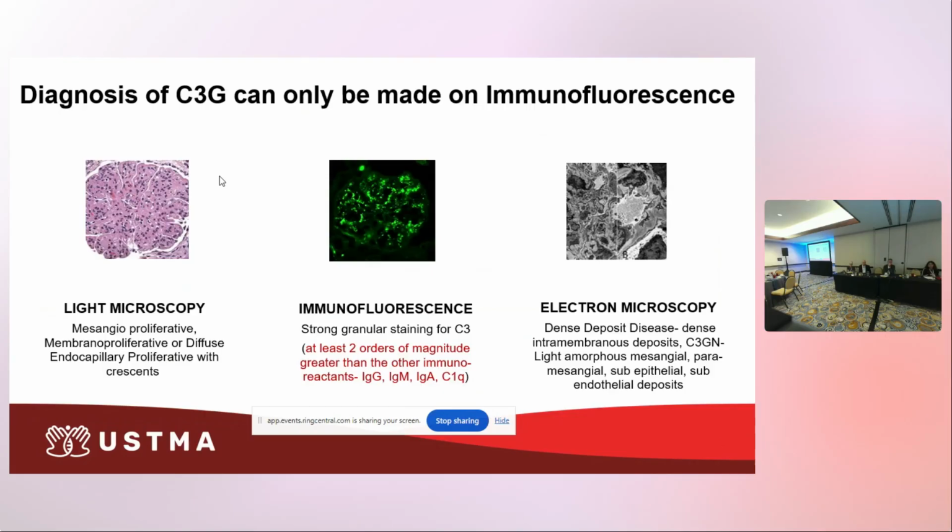Most commonly, we do see a membranoproliferative pattern, but it could be mesangial-proliferative, endocapillary proliferative with crescents. The immunofluorescence shows strong granular staining for C3, at least 2 orders of magnitude greater than whatever else is there, IgG, IgM, IgA, C1q. Electron microscopy in dense deposit disease will show dense intramembranous deposits. In C3GN, it will show light amorphous, mesangial, paramesangial, subepithelial, subendothelial deposits. So all different kinds of locations in patients with C3GN.